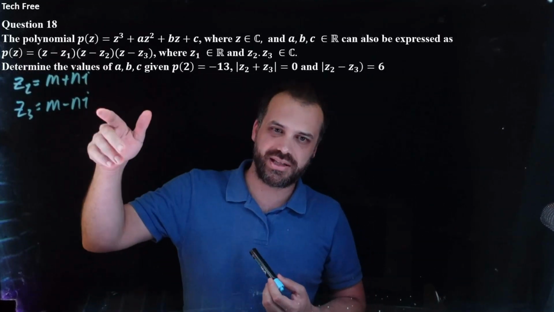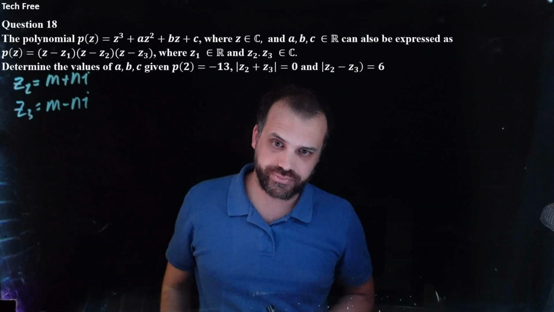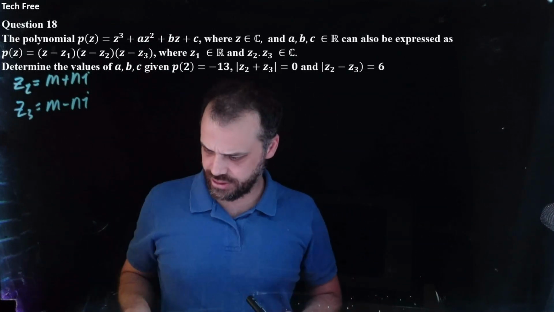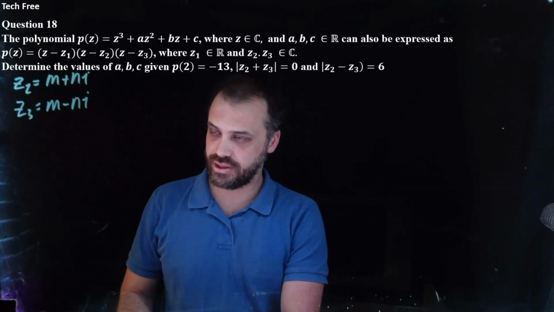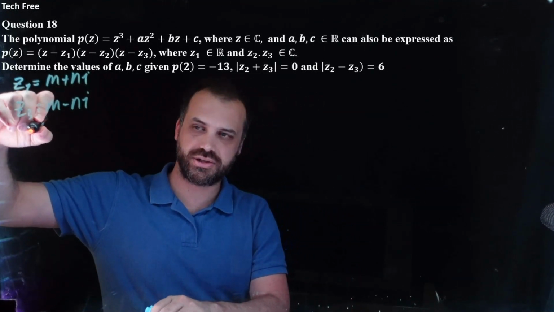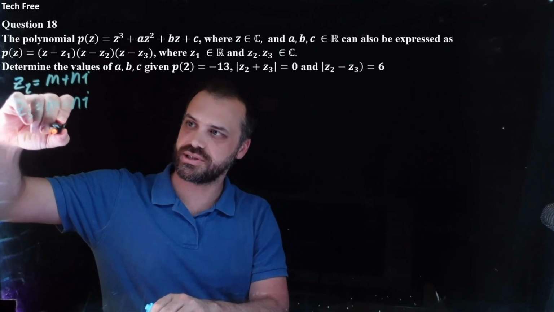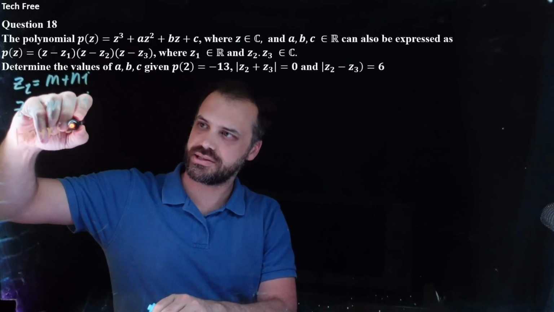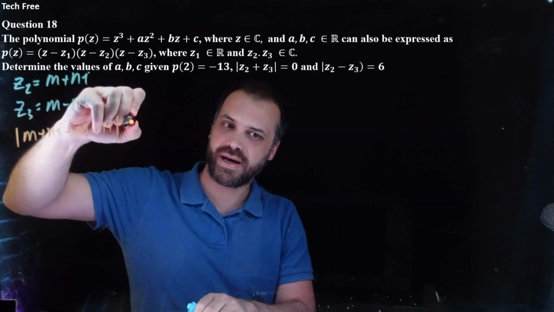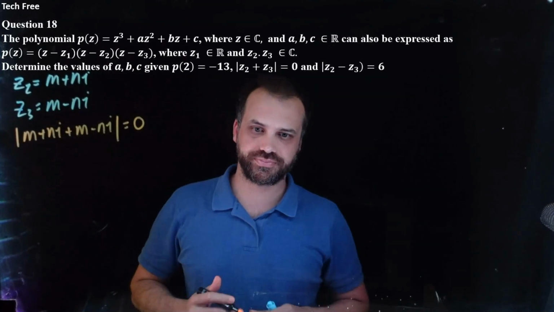I'm using m's and n's here because a, b, and c are taken. Okay, so let's look at this bit here. It says that the magnitude of z2, which I've just written as m plus ni, plus m minus ni, the magnitude of that is equal to 0.